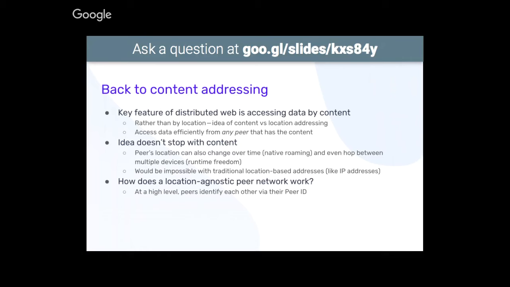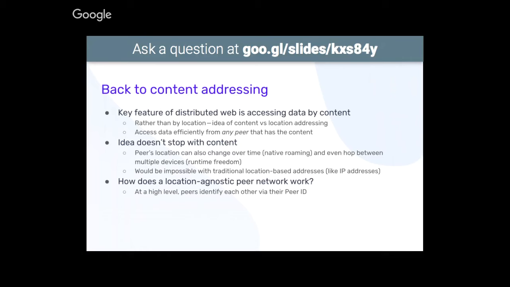Now, tracking this would be pretty hard with traditional location-based addresses, like IP addresses, because they're linked to a particular server location. It also means things like mobile devices are pretty hard to set up as content providers. They're really only just consumers, at least in a decentralized way. Right? The way we do it now is you have some centralized server like Instagram.